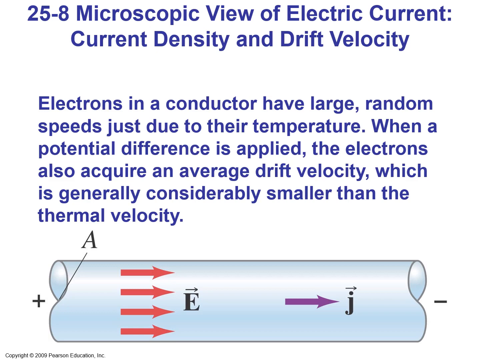As you can see here, if we apply electric potential between the two ends of the wire with a cross-section of capital A, an almost constant electric field will be formed from left to right, and that is causing a current density J from left to right.